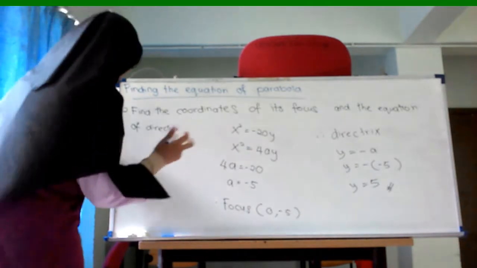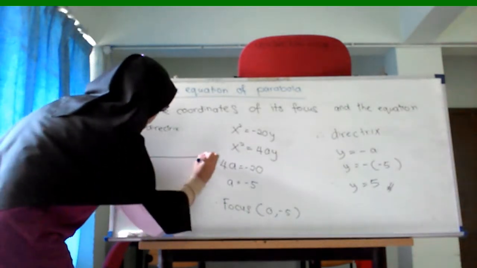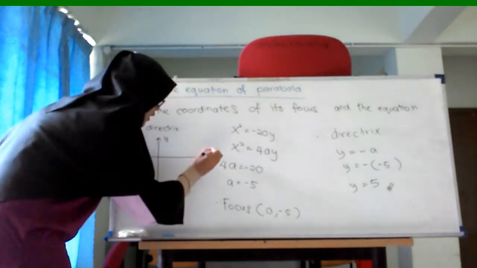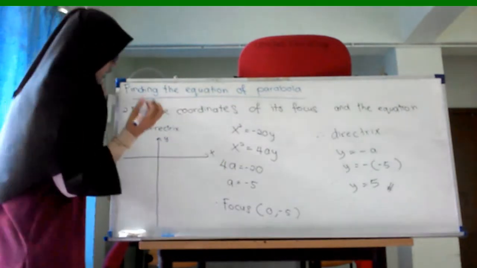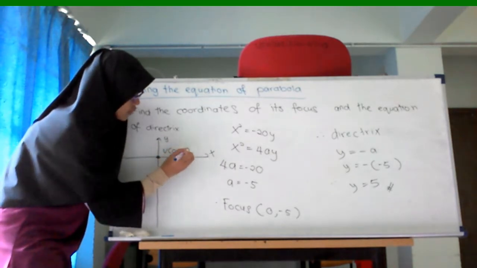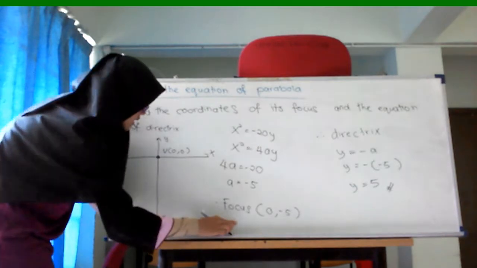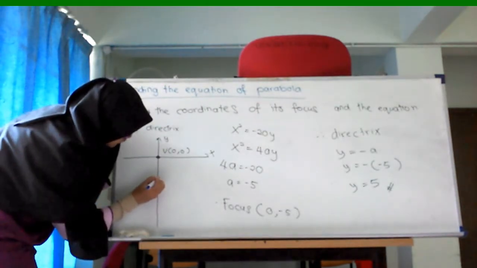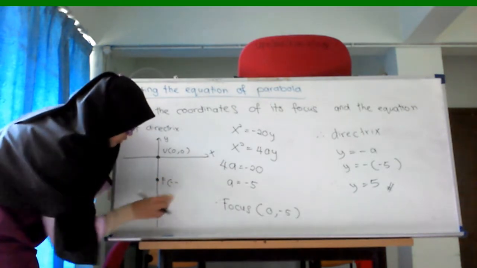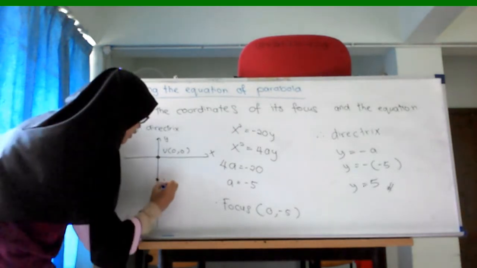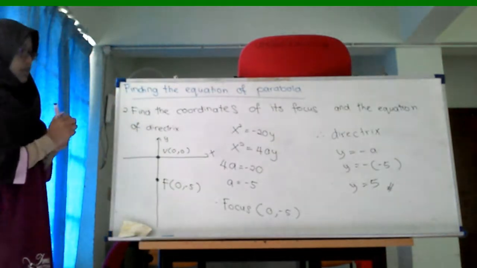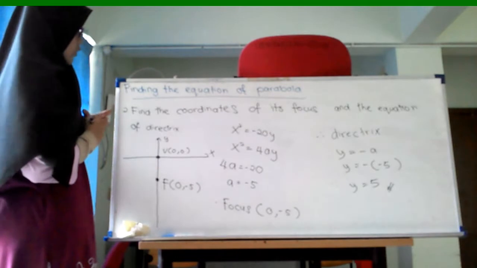This is y and this is x. Okay, the vertex is here where V is (0, 0) and the focus F is (0, -5), which is here. The directrix is y equal to 5, which is here, a straight line y equal to 5.